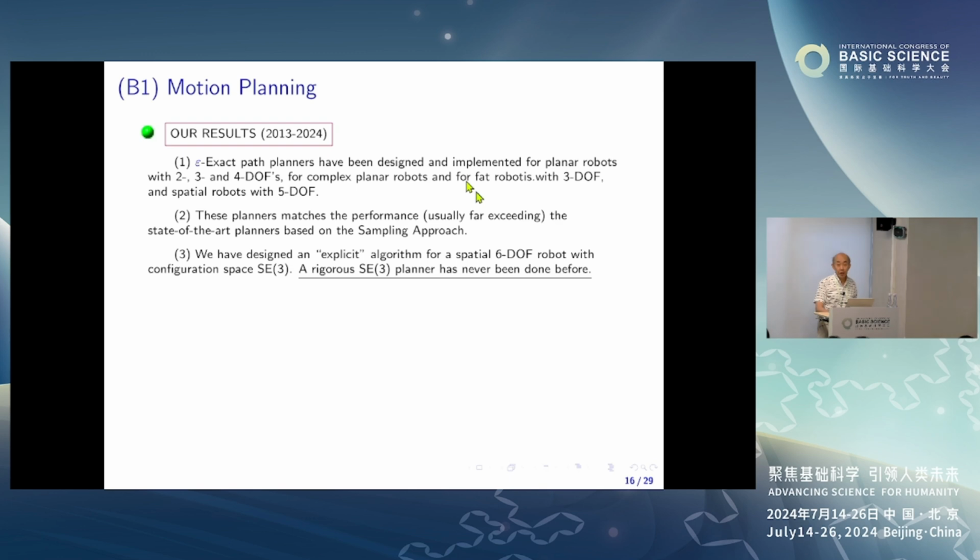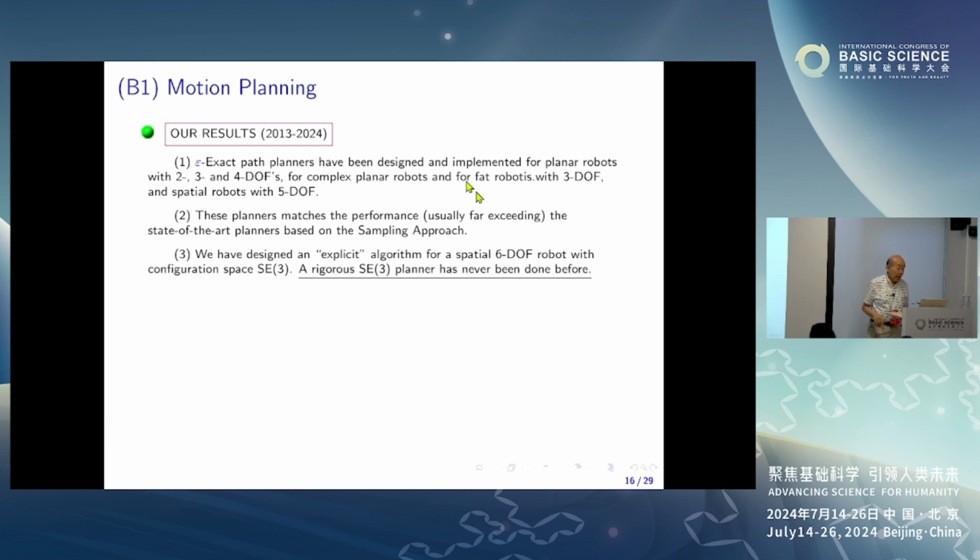Our latest challenge, my PhD student here, Chee, is finishing up his thesis. Robotics has had this challenge for a long time: to design an explicit algorithm for a 6 degree of freedom robot. So in 3D, a rigid body has 6 degrees of freedom, 3 degrees of translation and 3 degrees of rotation.